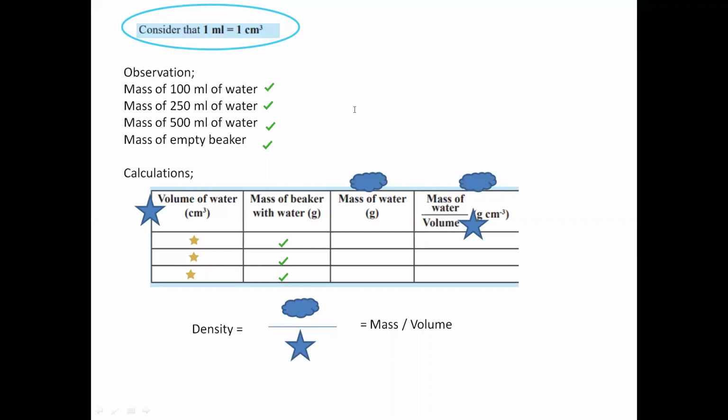For instance, say the mass of the beaker with the water is 150 grams. If the mass of the empty beaker is 50 grams, you subtract it like this. So the mass of water is 100 grams.